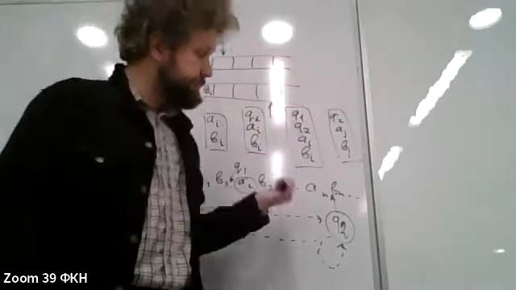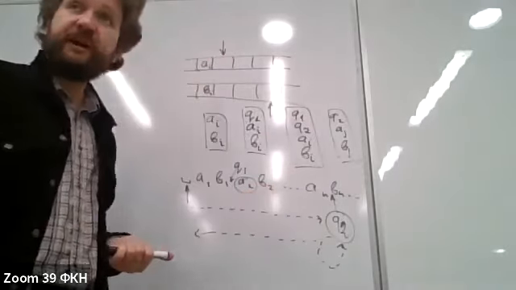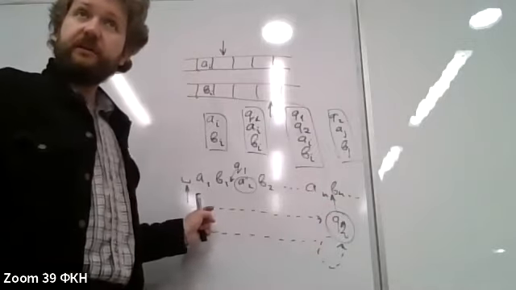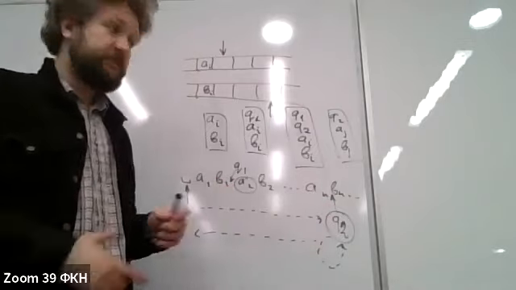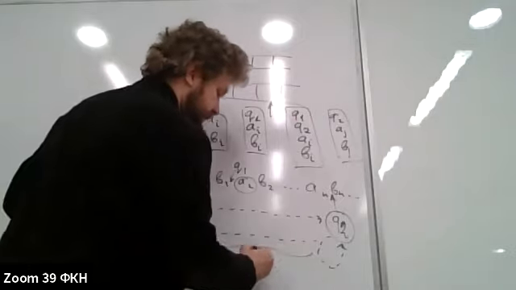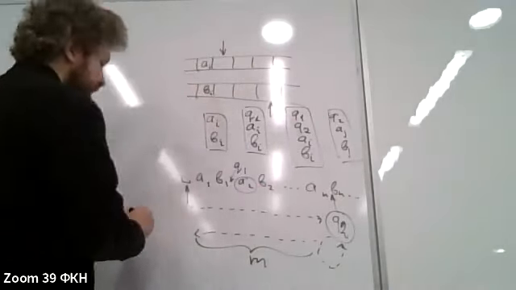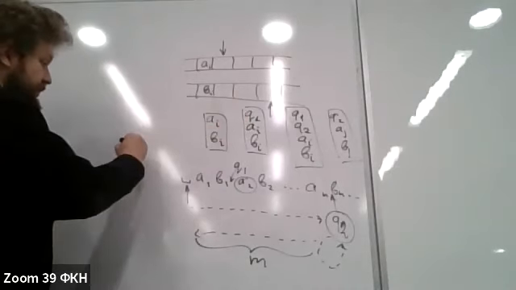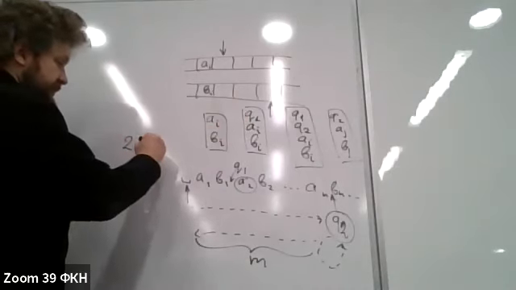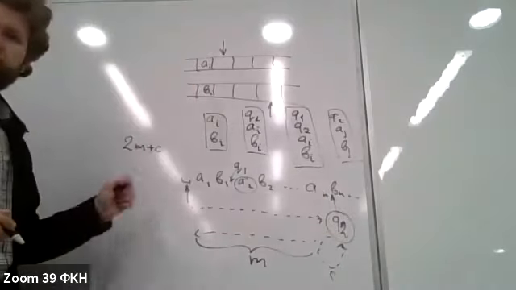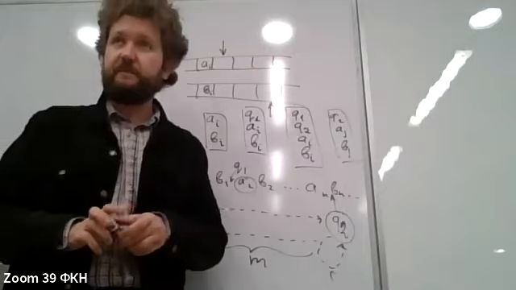And now the complexity is quadratic. Why? Because each step of the new machine requires the following number of steps. If you have m elements, then each step is modeled by 2m plus some constant c, where c is the number of steps taken for the local transformation. c is constant, it's just like 5 or something like that.